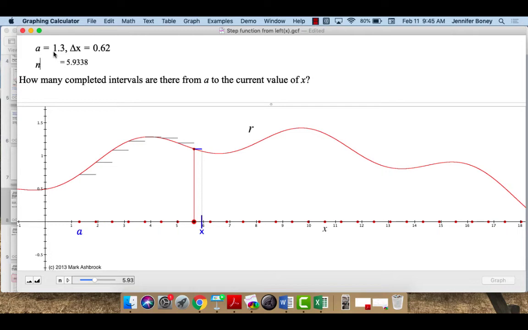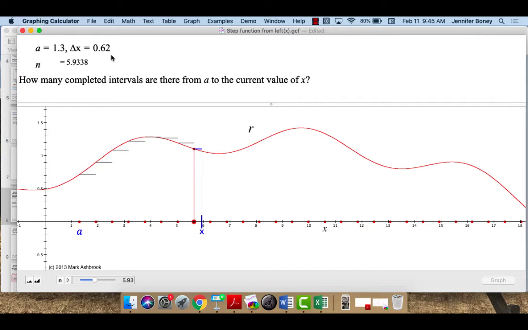We started accumulation at 1.3. We're using intervals of width 0.62, which if you're doing some computations by hand, would be awful choices. But just thinking about, if I want to know how many complete intervals there are between 1.3 and 5.9338, if their width is 0.62, what computation is that you need to do?